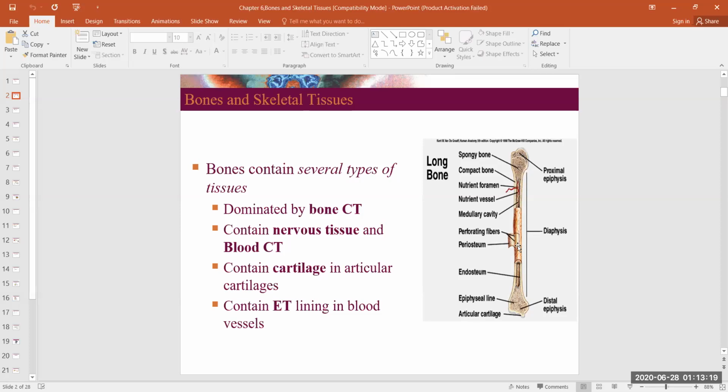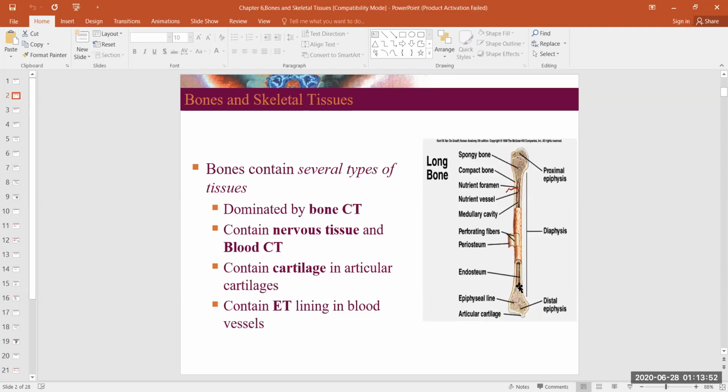The outermost layer of connective tissue lying over the hard bone, which is called compact bone, is called the periosteum, and the periosteum is attached to the hard part through the perforating fibers. The artery or blood vessel which enters through the nutrient foramen is called the nutrient vessels. So these are the gross structure of the bone.